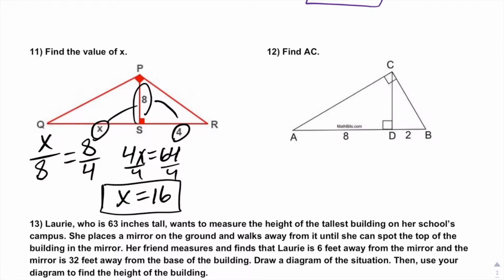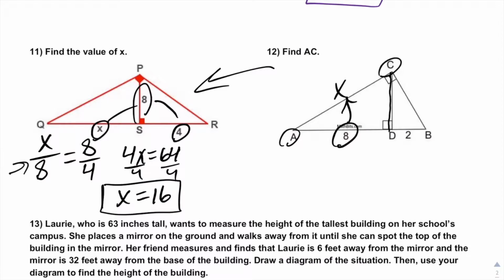Now this other problem here, it says find AC. So we're just going to call that x as well. Now this is different from this one here because we had an altitude. Here they didn't give us an altitude. So it's this formula but backwards. So 8 is to x as x is to the whole thing.